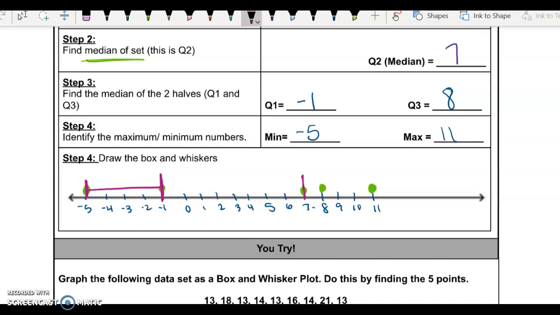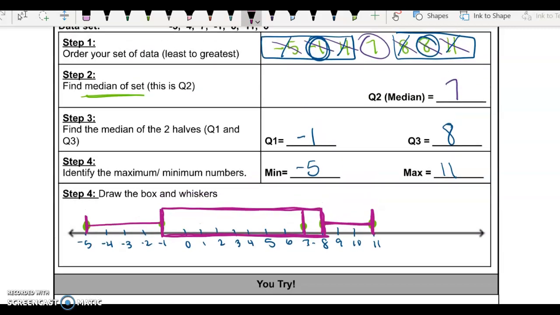We put a line on our median, and we put a line on our quartile 3, and that becomes our box. And then we draw a line from our quartile 3 to our maximum. So this is our box and whisker plot.